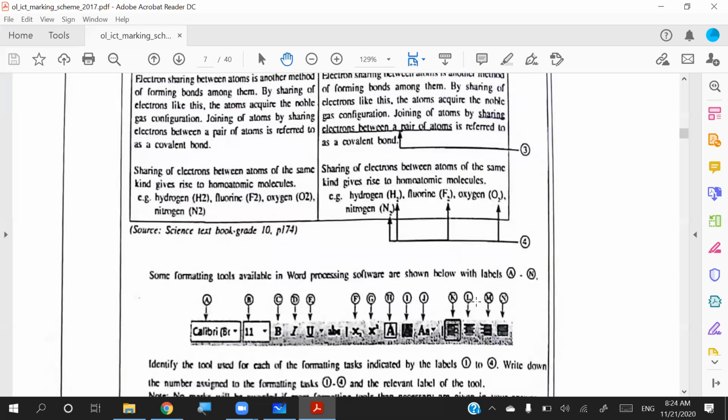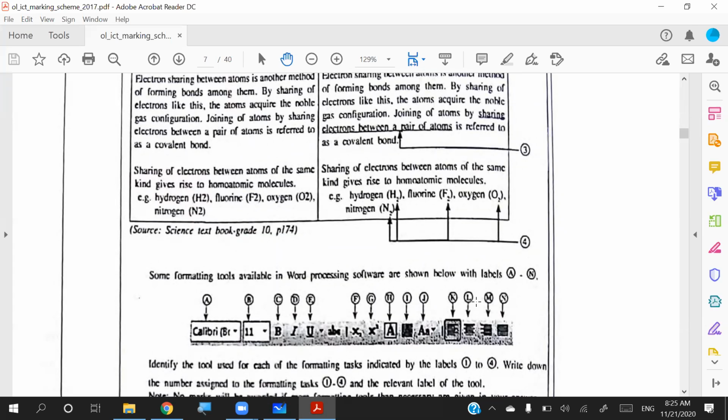And for 3, you are going to have the underline part, which is the E. And for the fourth part, they are talking about the subscript, right? If you want to take a letter which is below the writing line, we are going to use the subscript.